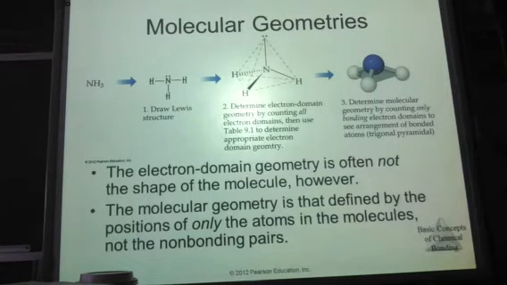But sometimes the electron domain geometry is not the shape of the molecule. So that's where we start to define something called the molecular geometry. The molecular geometry is defined by the positions of only the atoms in the molecule and not of the bonding pairs.